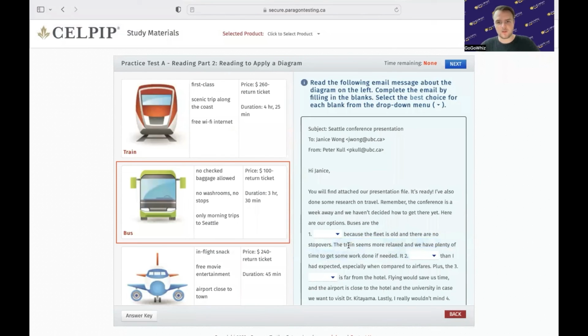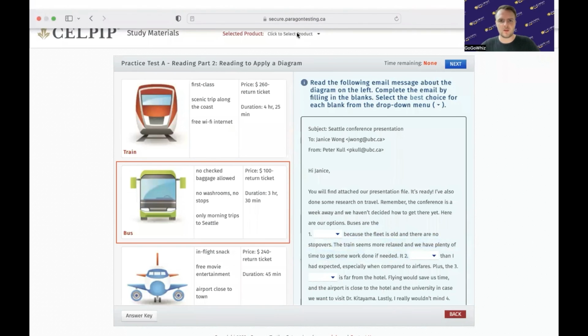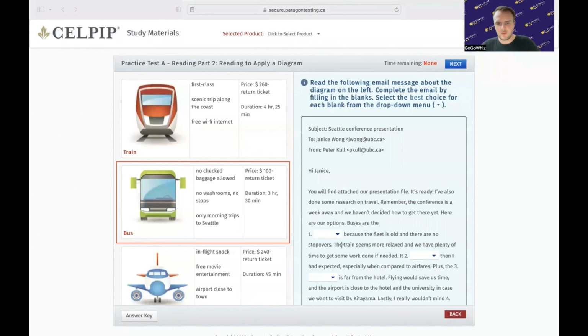Good. The second thing we see is a sentence where they're comparing. It says the train seems more relaxed. The word more is used when you're comparing two things. If they're saying it's more relaxed, being relaxing refers to comfort.